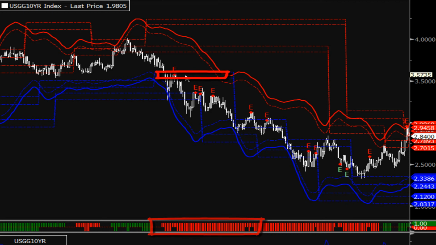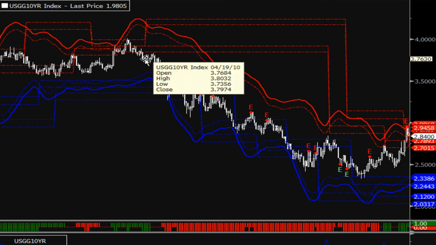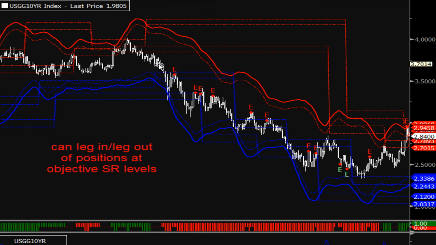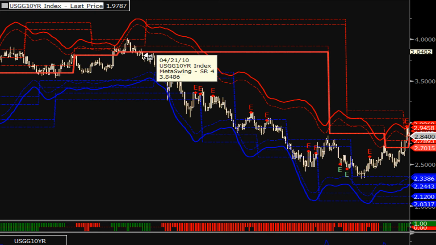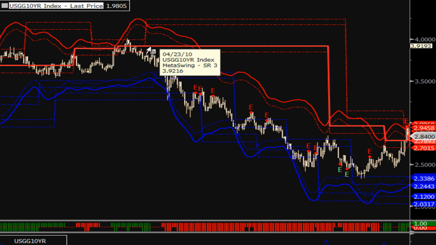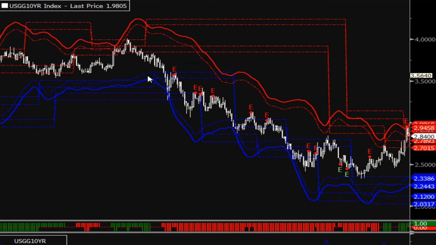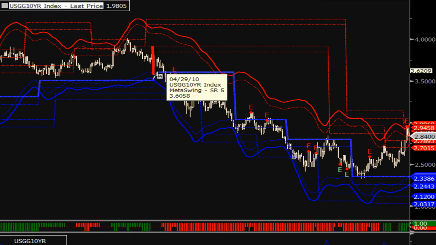Now, another way you could do this, if you just didn't want to hold a position and continue to pyramid into it, is to position trade. So your view for the intermediate time frame, the next couple of months, is I want to short these yields. And so if you initially shorted around mid-April, and you're leaning against daily resistance here, you can target things like support.